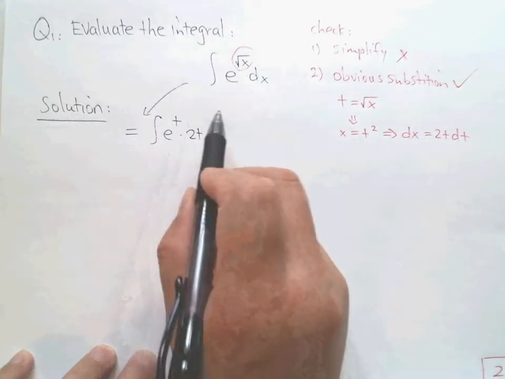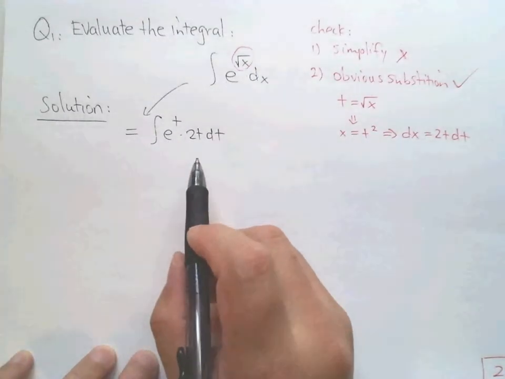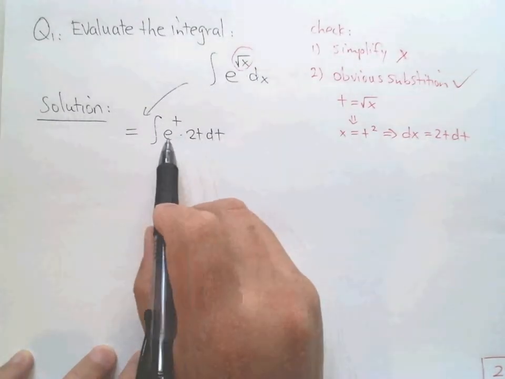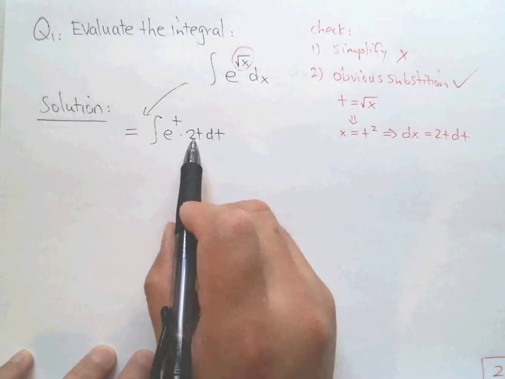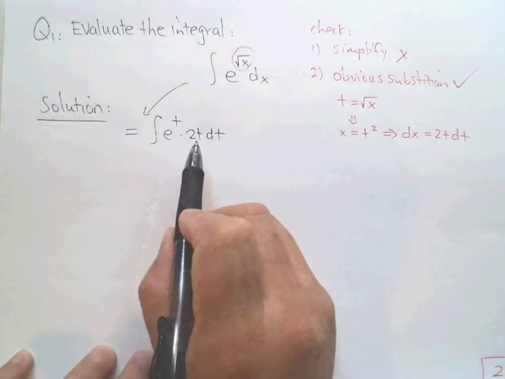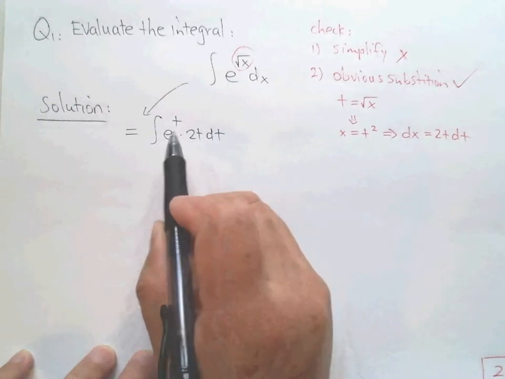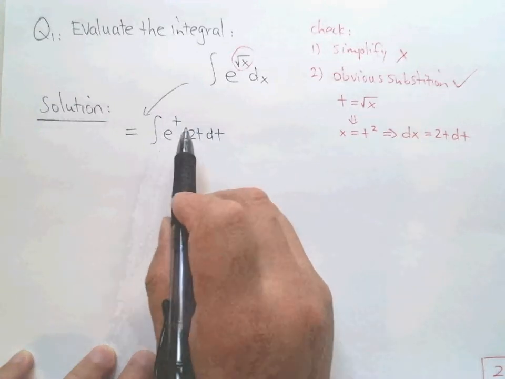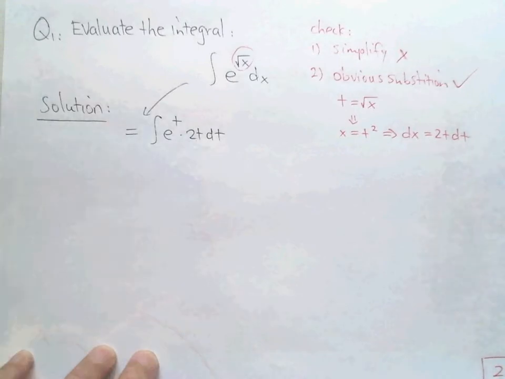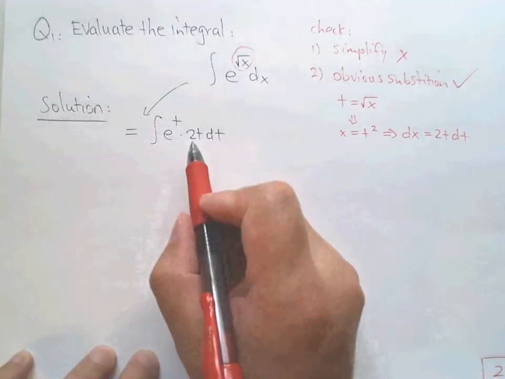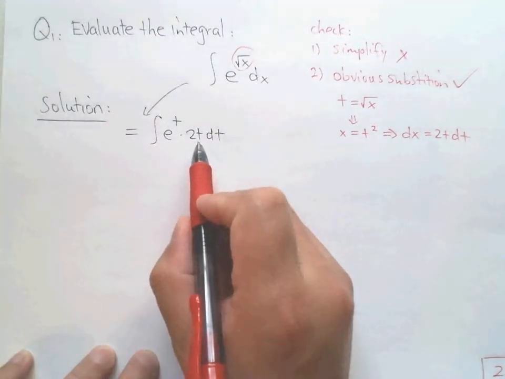Why? Because we don't have a square root. So now probably you can think about what type this is. This is a type of integration by parts. Why? This is a power function, and this is an exponential. The product of the power and the exponential, do you remember? Usually we set this as u and this as dv.